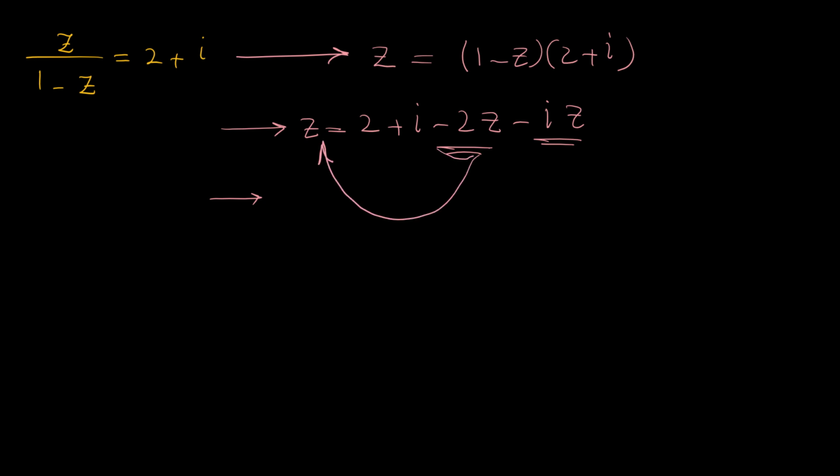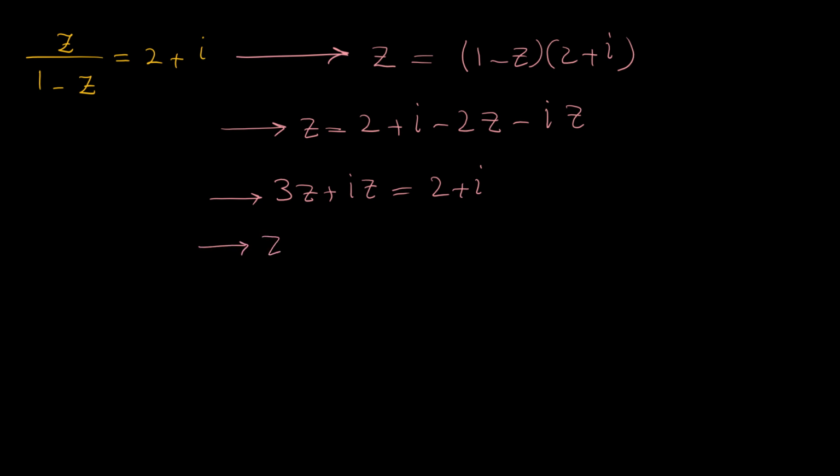Or in another word, we add 2z and we add iz to both sides of this equation. If we do so, z plus 2z would be 3z, and we move iz to the left. So in total, what we have in the left is 3z plus iz equals 2 plus i.